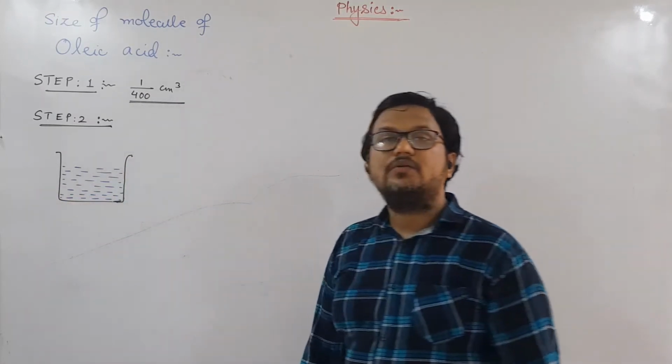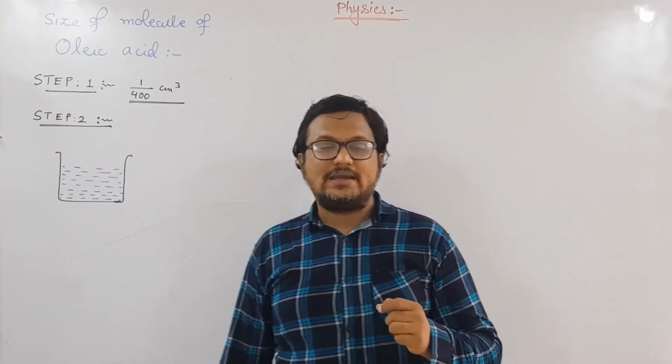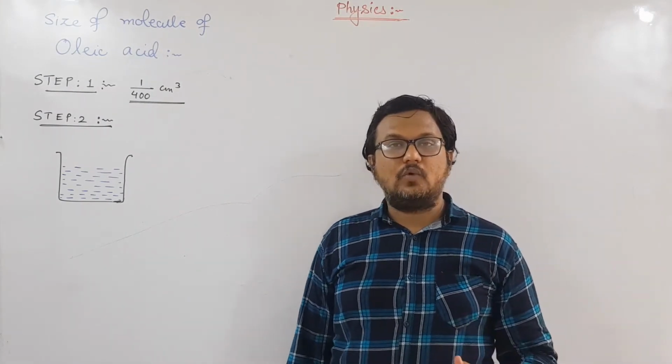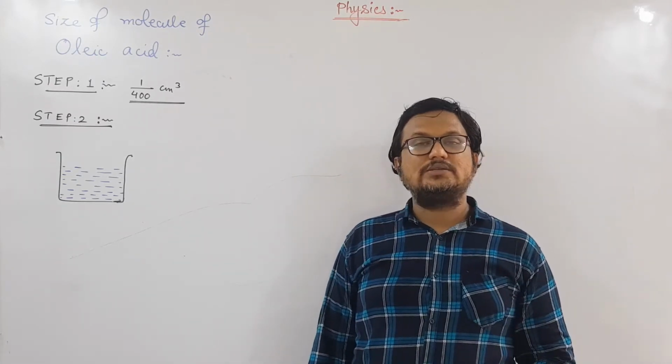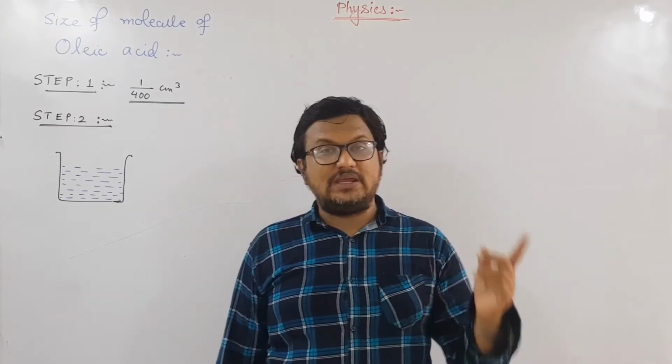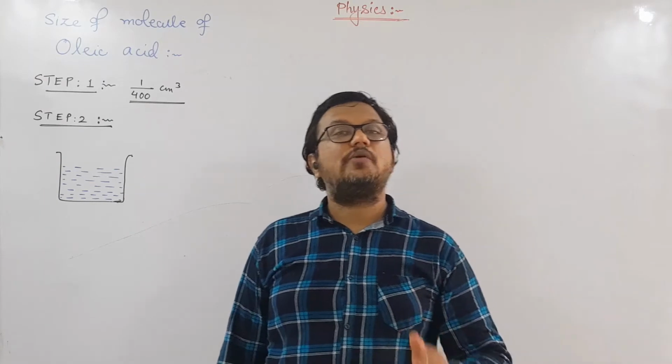So we have a beaker filled with water. Now we are going to take a dropper, or you can say a burette or a pipette, whatever is available. The main purpose of this instrument is to drop the solution B. Remember, solution B contains 1:400 centimeter cube of oleic acid.